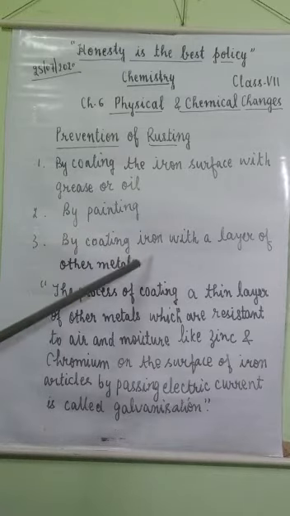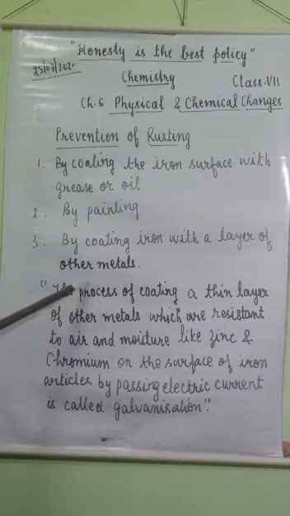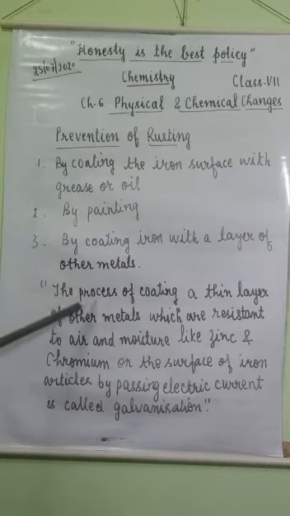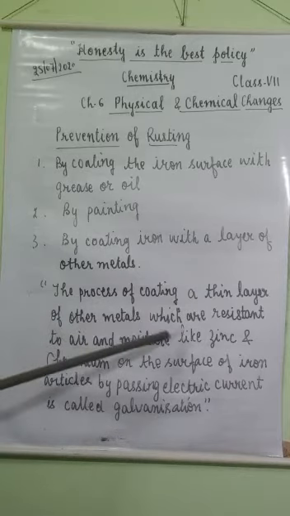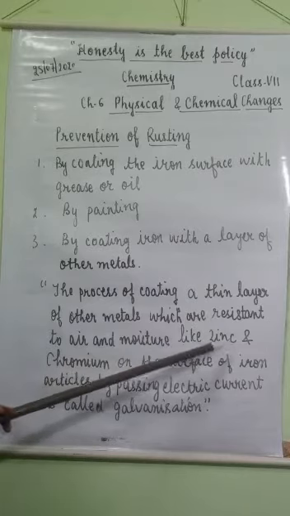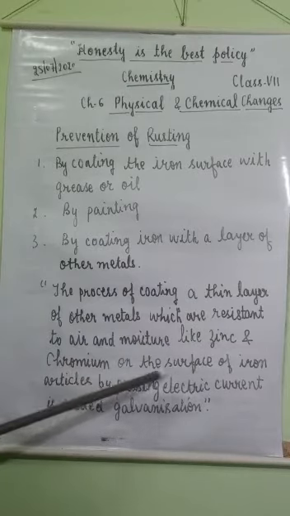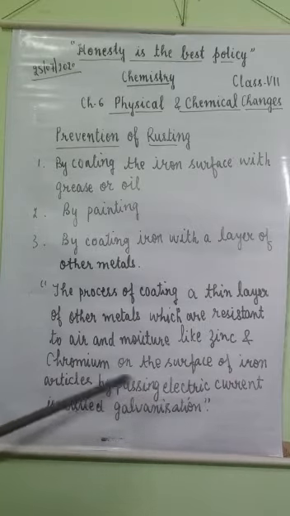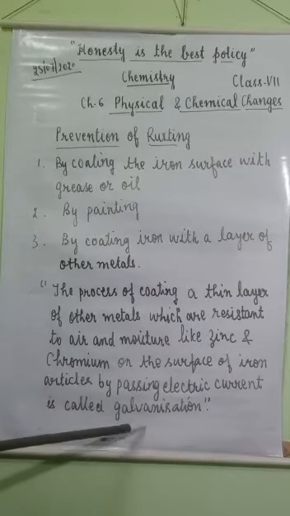Another way is by coating iron with a layer of other metal, which is resistant to air and moisture. The process of coating a thin layer of other metals which are resistant to air and moisture, like zinc and chromium, on the surface of iron articles by passing electric current is called galvanization.